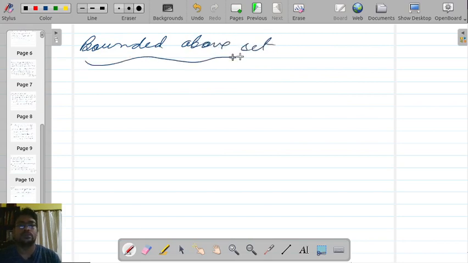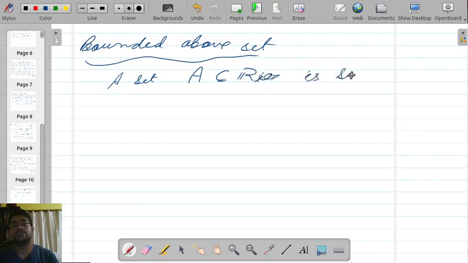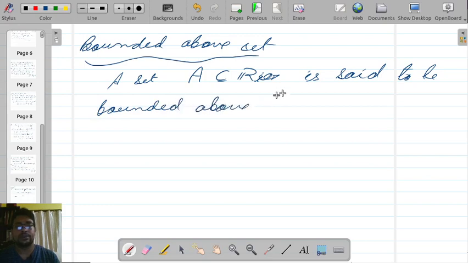Okay. So under what condition is a set said to be bounded above? A set A subset of R is said to be bounded above if it has an upper bound.